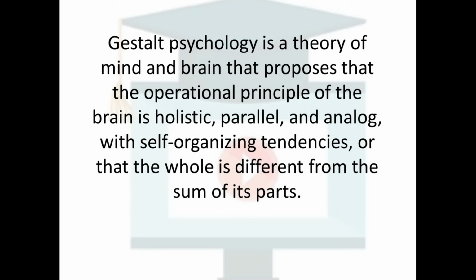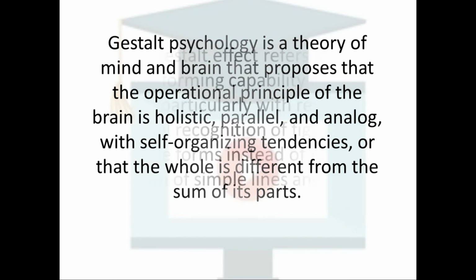Gestalt psychology is a theory of mind and brain that proposes that the operational principle of the brain is holistic, parallel, and analog, with self-organizing tendencies, or that the whole is different from the sum of its parts.